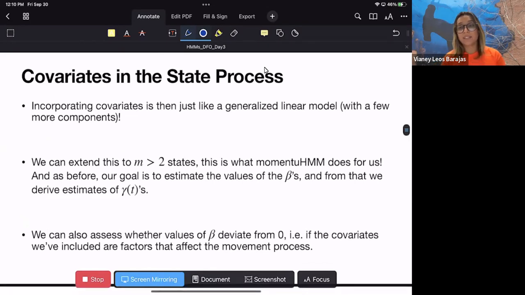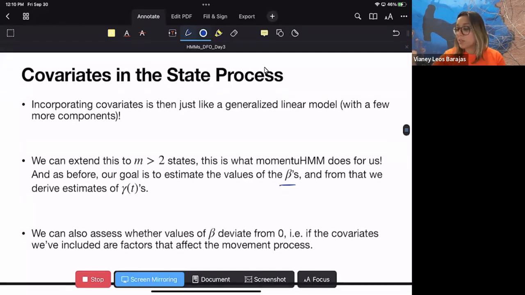We can also extend this to m greater than 2 states, which is what momentuHMM does for us. And as before, our goal is to estimate the values of betas, and from that, we derive estimates of the actual probabilities over time.